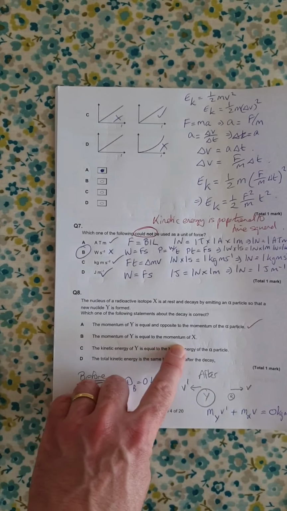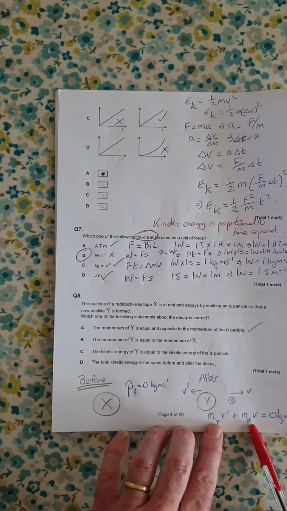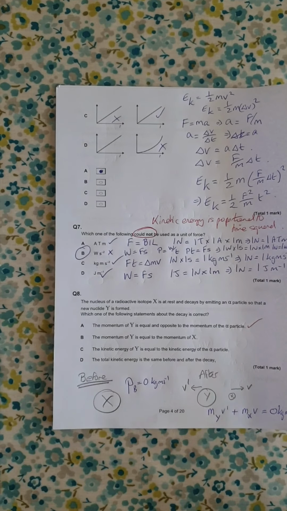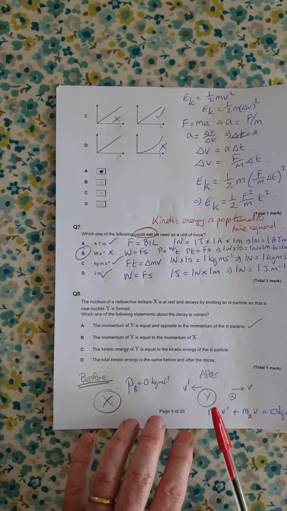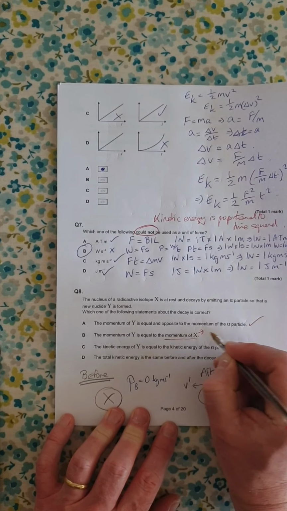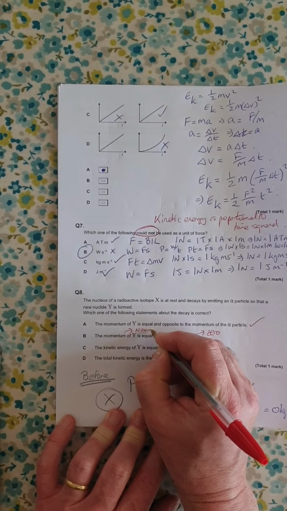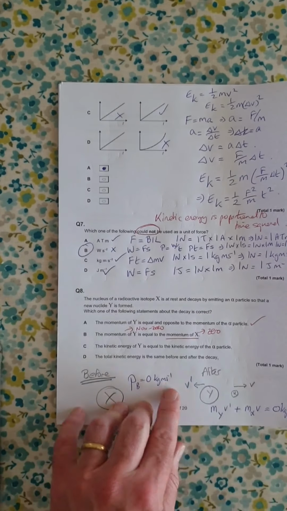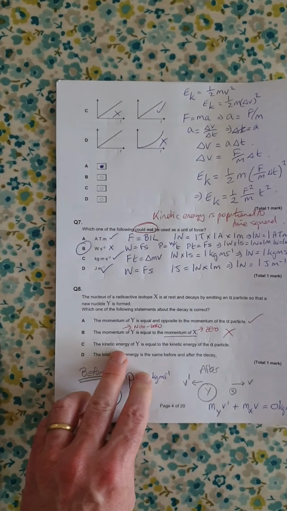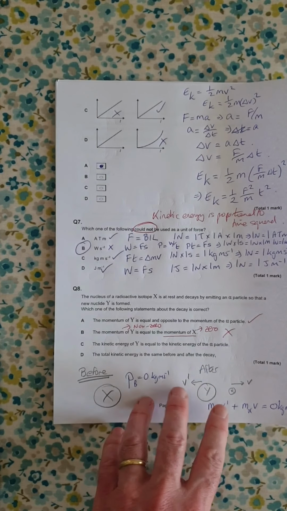The momentum of Y is equal to the momentum of X. Well, that's not necessarily the case. In fact, I should say that's definitely not the case, because remember, the momentum of X is 0. This is not 0. So this is definitely false. The kinetic energy of Y is equal to the kinetic energy of the alpha particle.